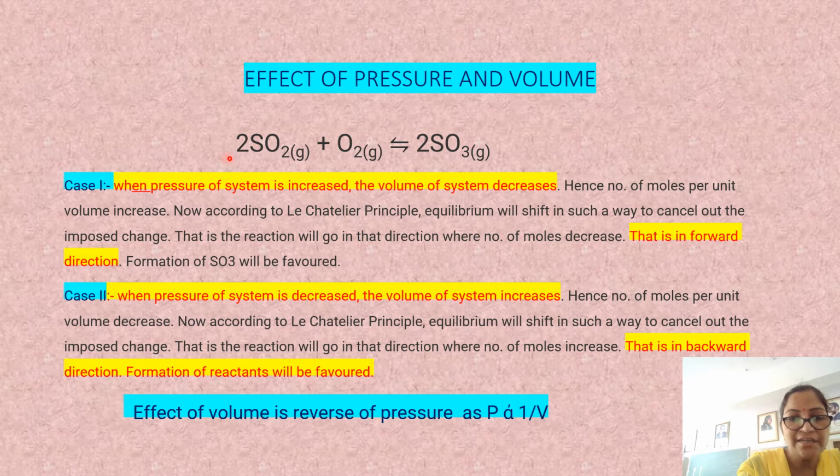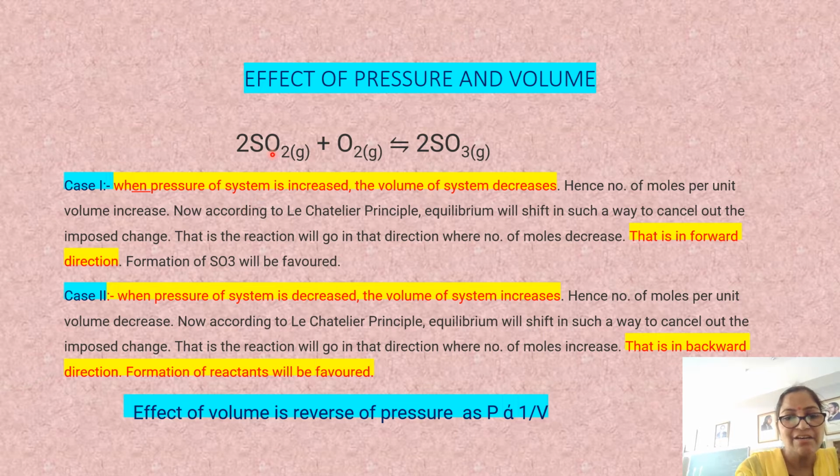You can see here the number of moles on the left hand side are 3, the number of moles on the right hand side are 2. So the reaction will move towards the lesser number of moles, that is, more sulfur trioxide will be formed. The reaction will move in the forward direction.